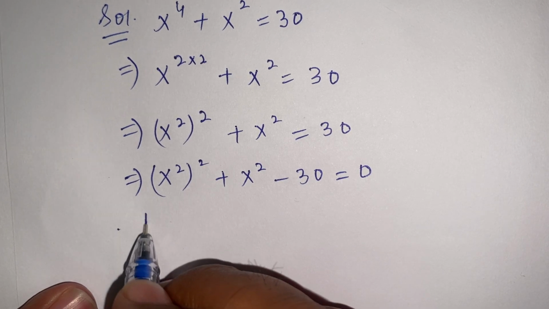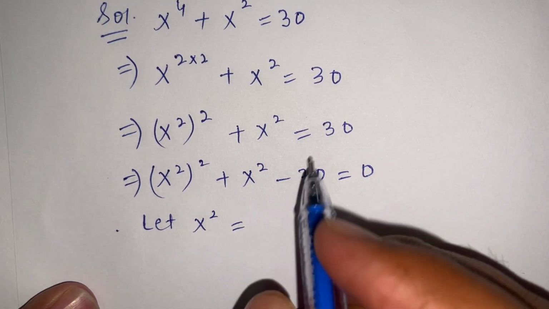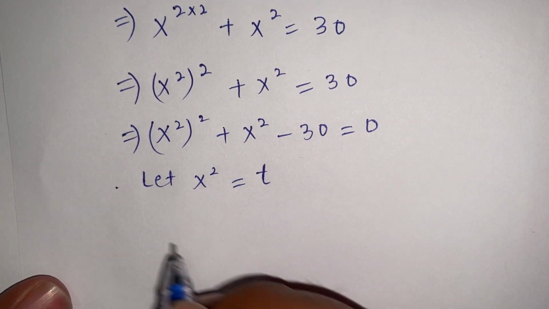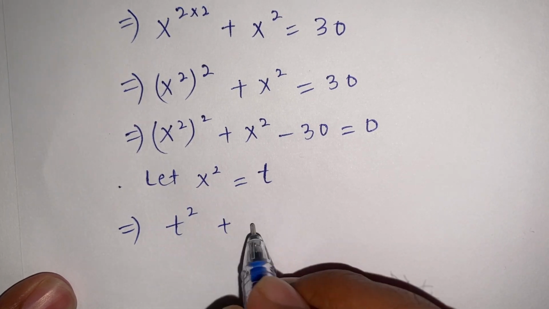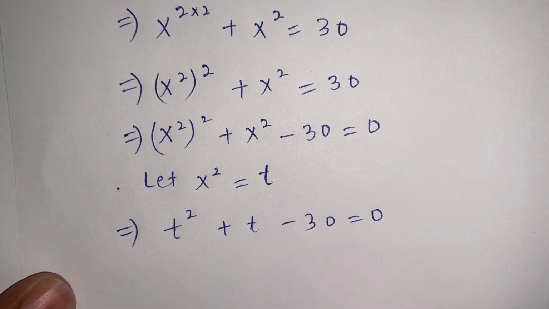Now let us consider that x power 2 is equal to, for example, t. Now we have t power 2 plus t minus 30 equal to 0.